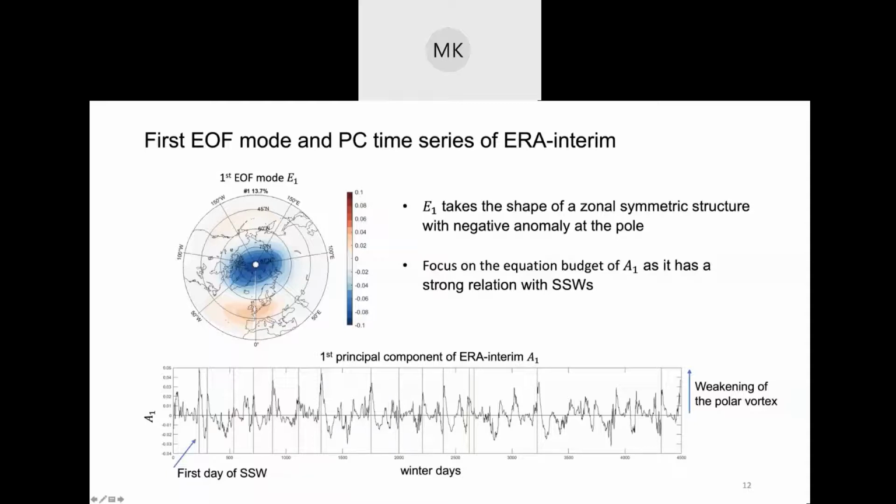Positive values of A1 indicate the weakening of the polar vortex. The red lines indicate the first days of SSW events. As you can see, when approaching the SSW days, A1 gets larger and larger, leading to a very positive value of A1 on the first day of SSWs, indicating the disruption of the polar vortex. The reason why we focus on the equation budget for A1 is because it has the strongest relationship with SSW events.